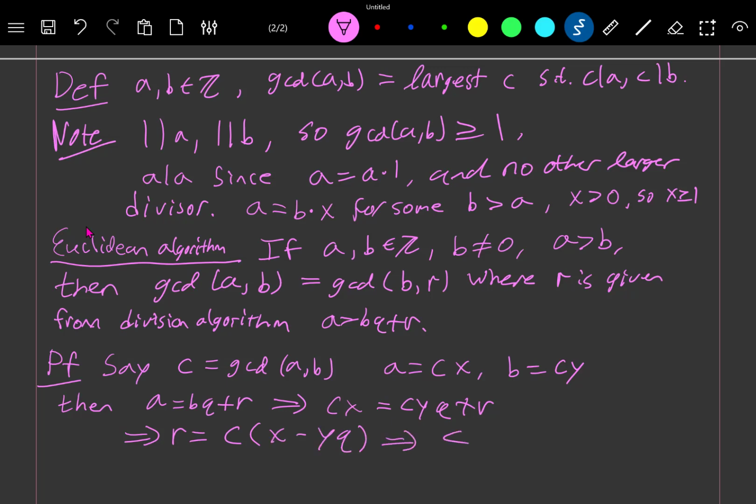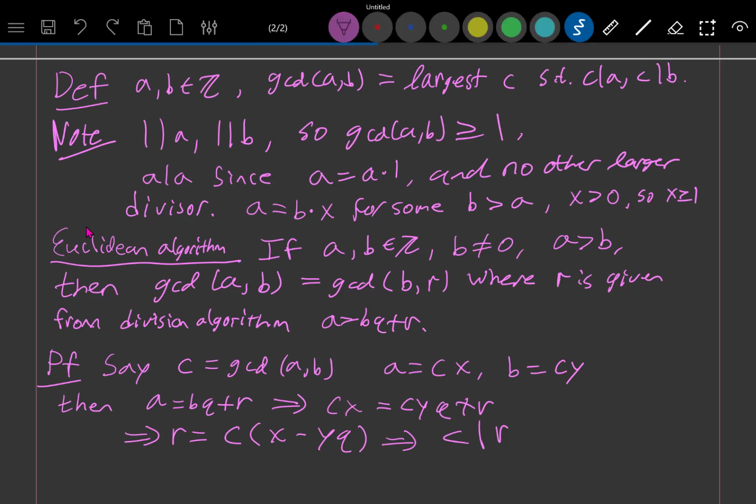So we have that C divides R. So we know that the greatest common divisor of A and B will also divide R.